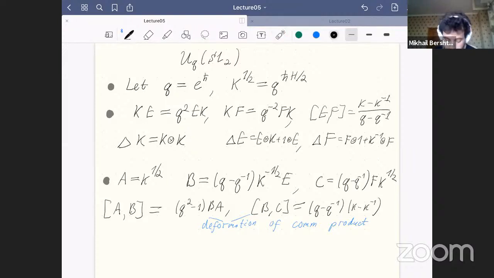And what do we have for the coproduct? Of course, delta of A is A times A. What do we have for delta of B? I use this definition, so it will be Q to the minus half, chi minus 1.